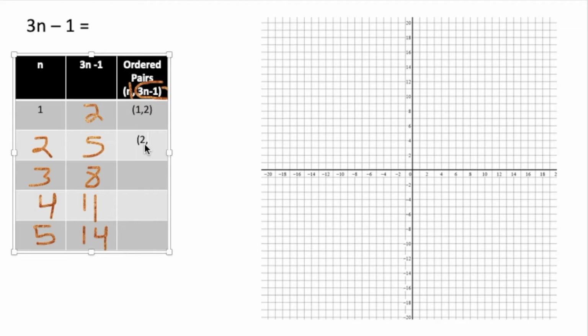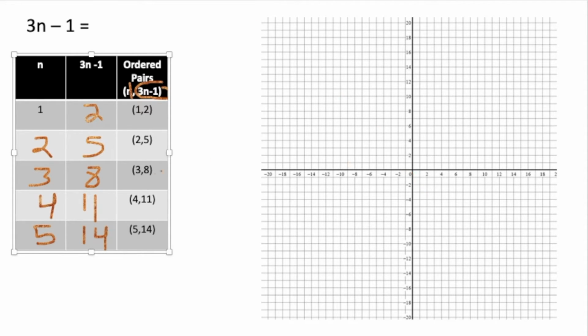This is 2, and this is 5. This is 3 and 8. This is 4 and 11. And in here, this is 5 and 14. Okay, and now I can just put these on.